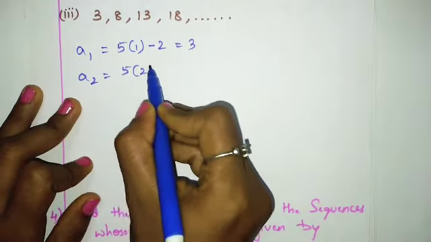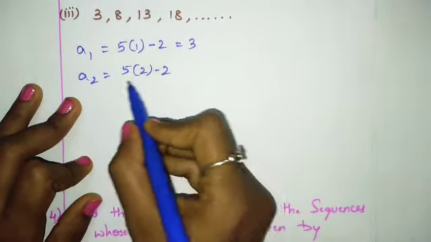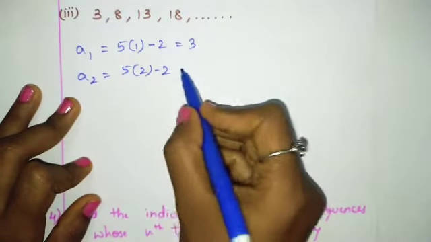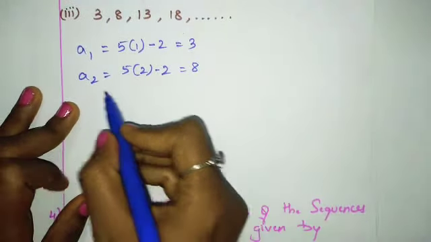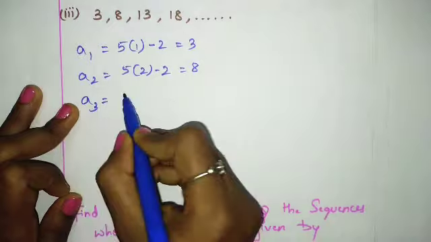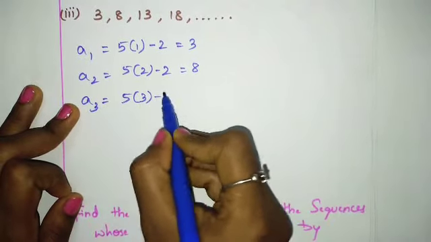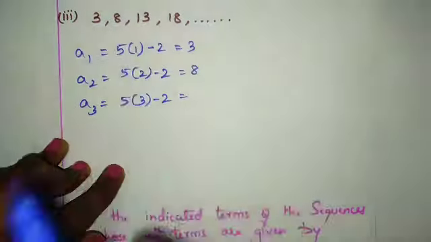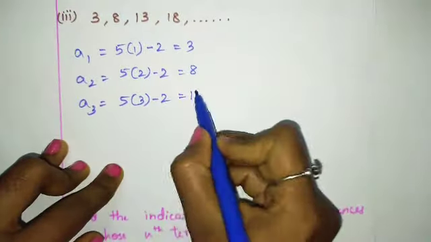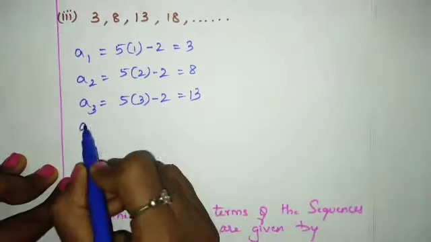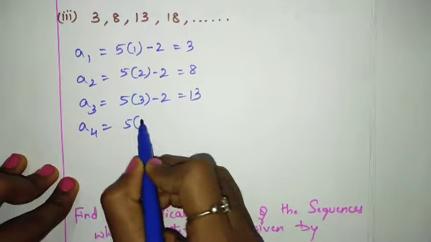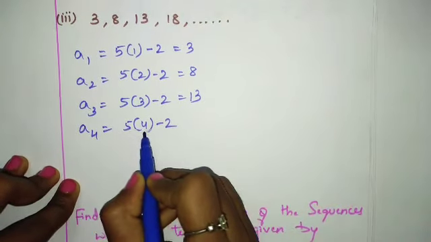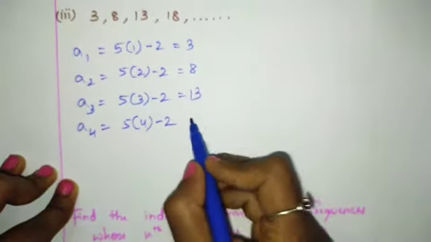Correct? So now a2. 5 into 2 minus 2. 5 2s are 10. 10 minus 2, 8. Then a3. 5 into 3 minus 2. 15 minus 2, 13. Okay. So a4. 5 into 4 minus 2. 5 4s are 20. 20 minus 2 is 18.